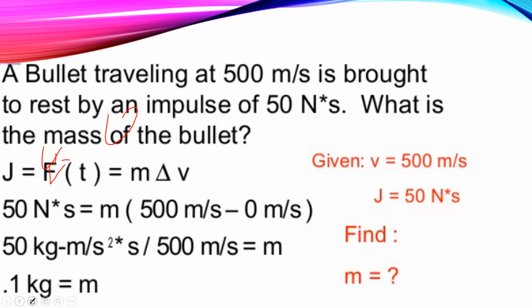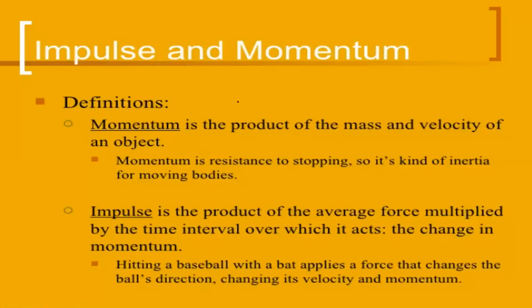Is it clear? Yes, teacher. Now, unfortunately, I have only 2 minutes left. Just to revise impulse and momentum: momentum is the product of mass and velocity. Momentum is a resistance to stop. It's a kind of inertia, as we said yesterday.